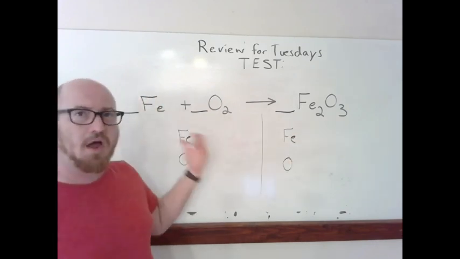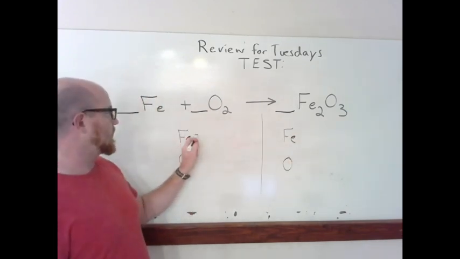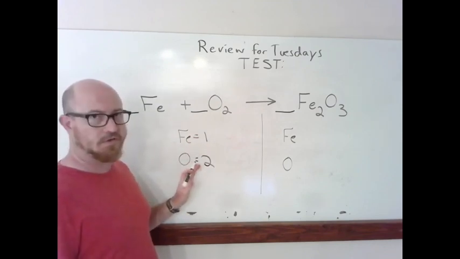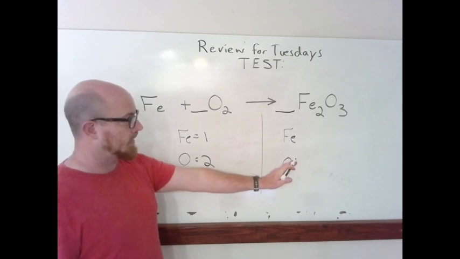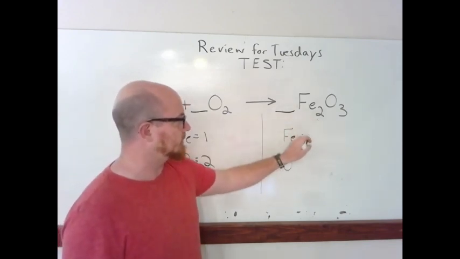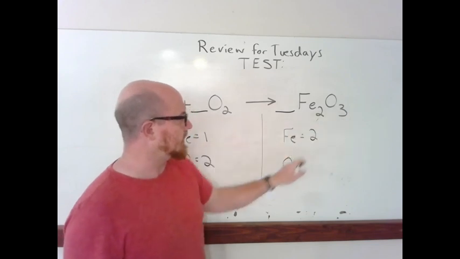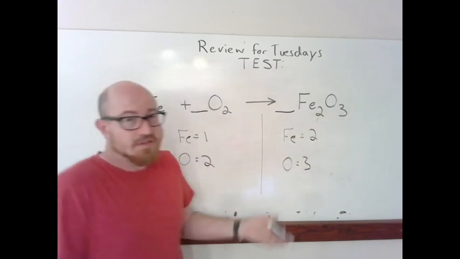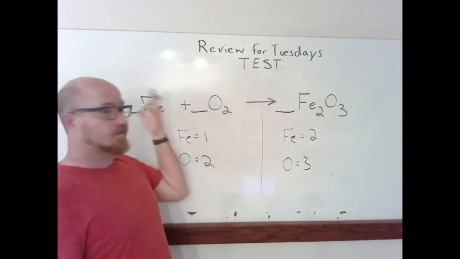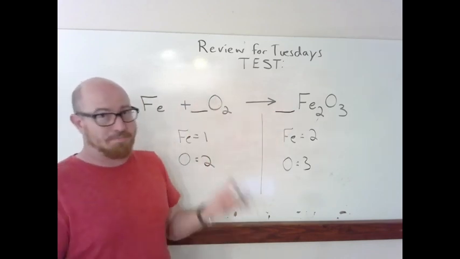Now I just want to count how many of them I have. I know I have 1 iron, and I know I have 2 oxygens here. On the product side, we have 2 iron atoms and 3 oxygen atoms. So now all we've got to do is change these coefficients until it's balanced.